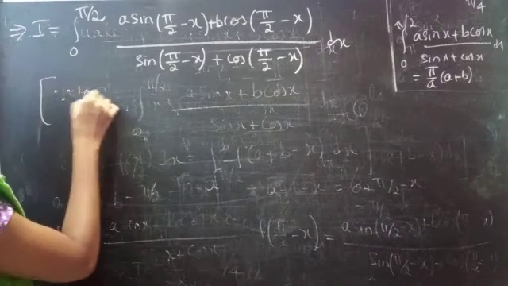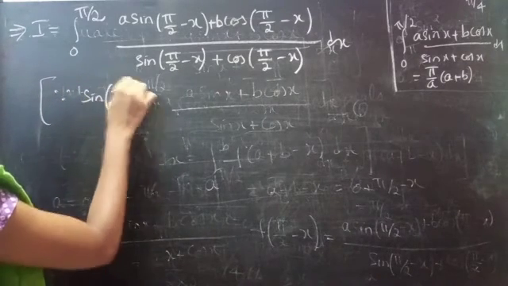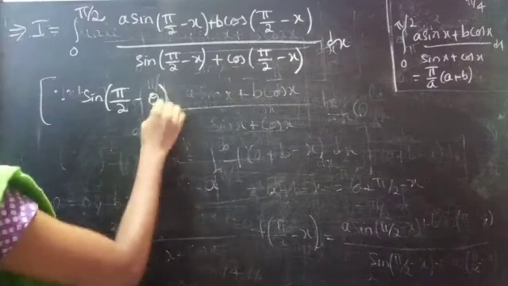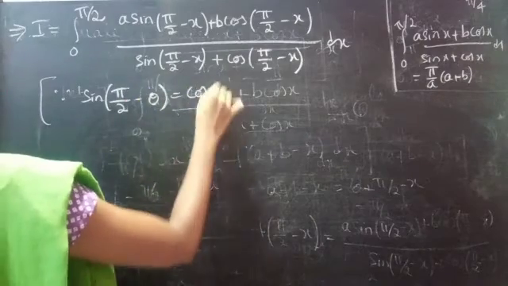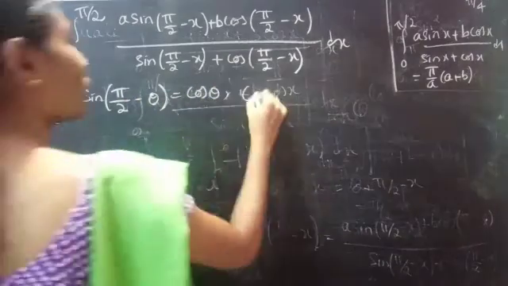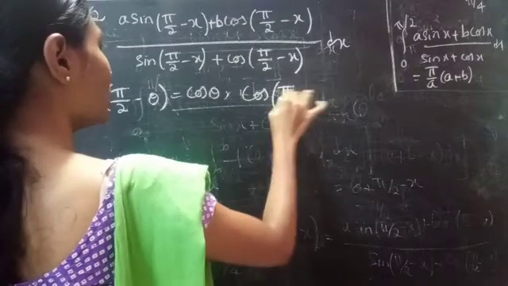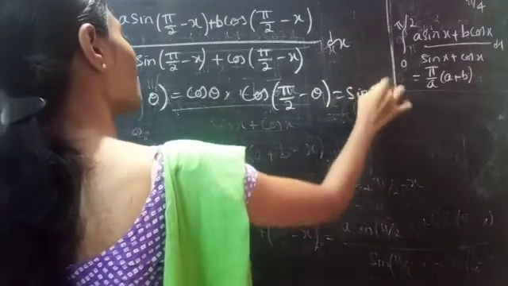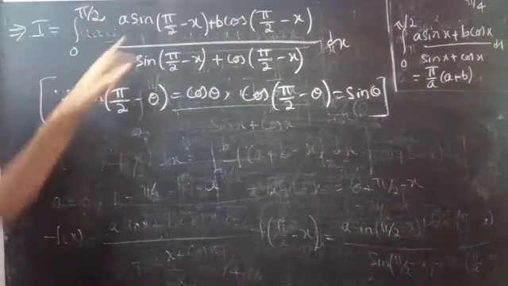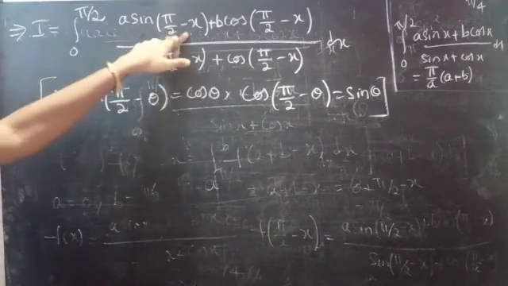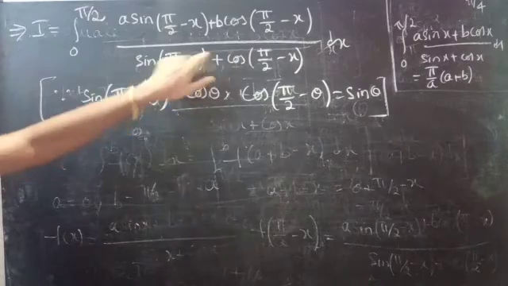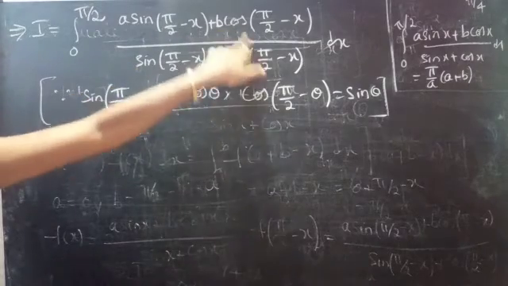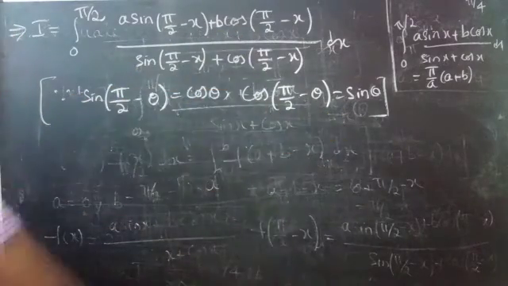Since we know that sin(pi/2 minus theta) equals cos theta and cos(pi/2 minus theta) equals sin theta, you can replace sin(pi/2 minus x) with cos x and cos(pi/2 minus x) with sin x.